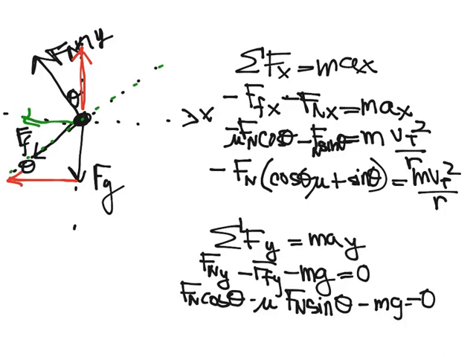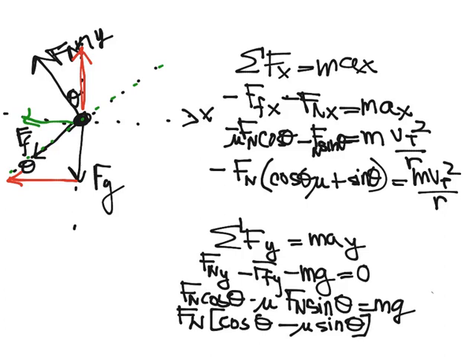Okay, and I'm actually going to go ahead and just bring mg to the other side. So I added mg on both sides, and this is all equal to mg. And again, I'm going to factor out an Fn, and I get cosine theta minus mu sine theta equals mg.